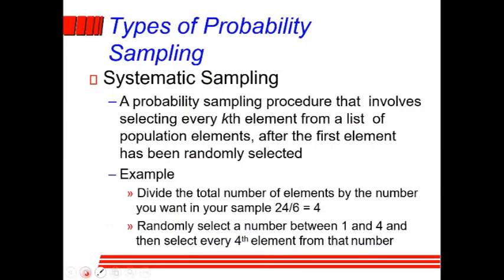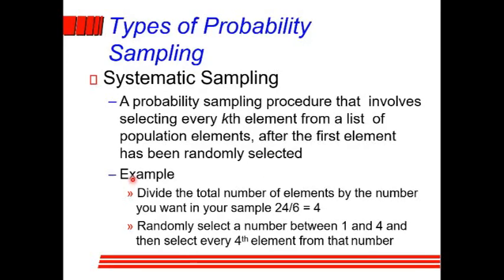And then we also have here, yung second naman natin, the systematic sampling. It is a probability sampling procedure that involves selecting every kth element from a list of population elements after the first element has been randomly selected.